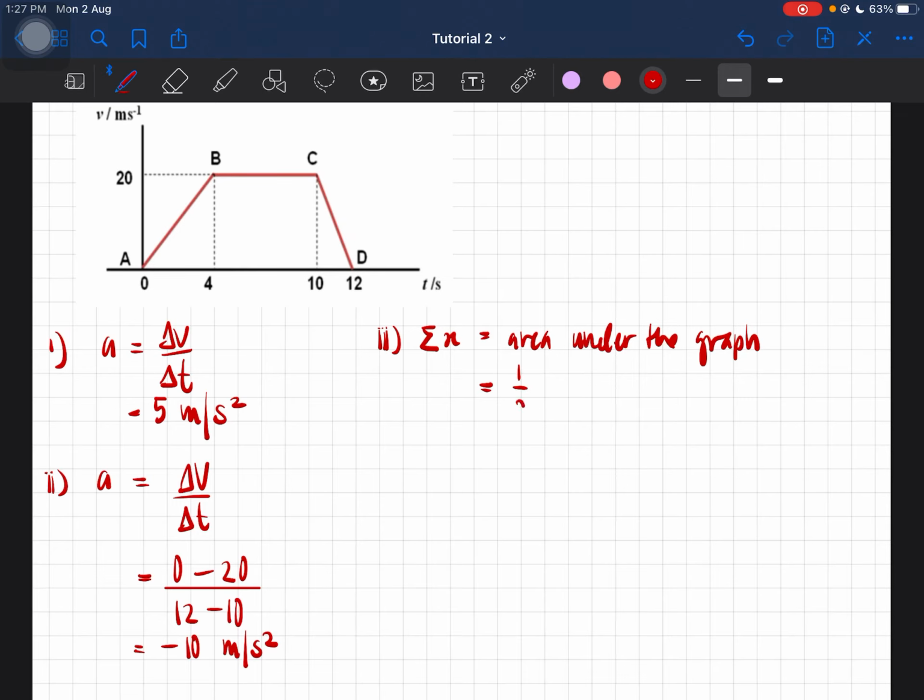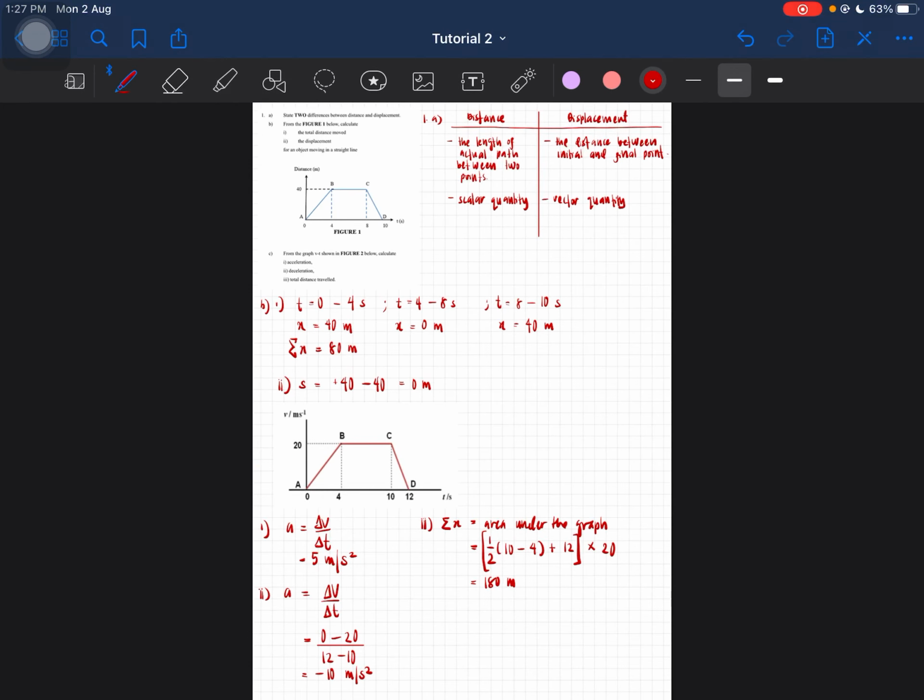Area under the graph, half. So we are using trapezium, 12, and then times 20, which is equal to 180 meter. Okay, so that is on question 1.